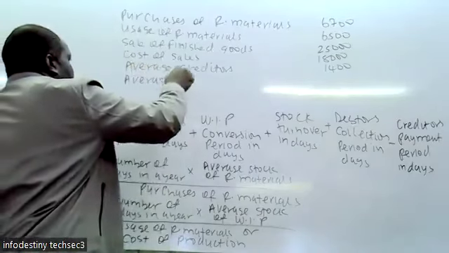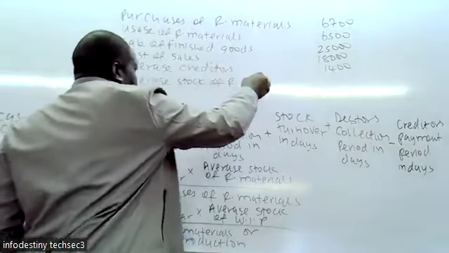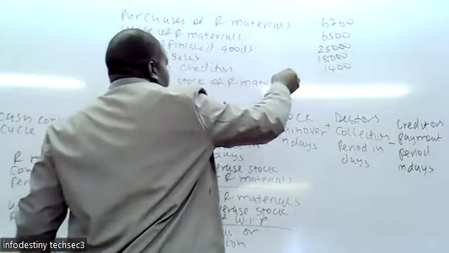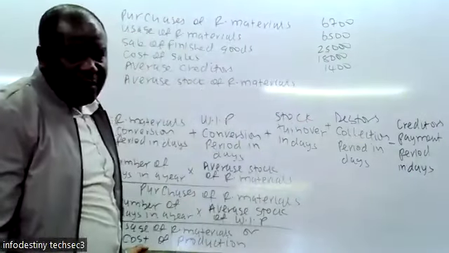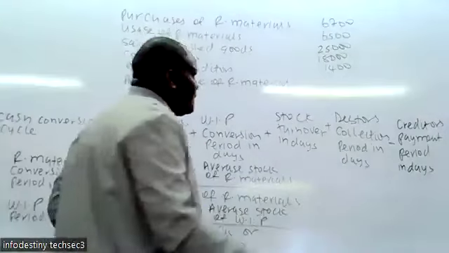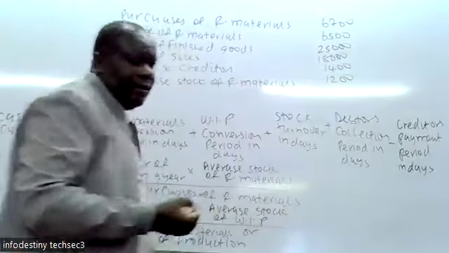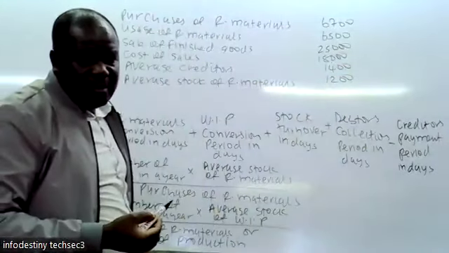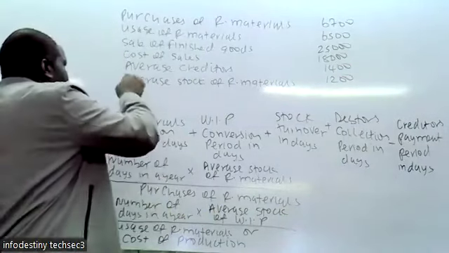For the average stock of the raw materials, it is meant to be 1,200. The next one is meant to be average stock of the work in progress.